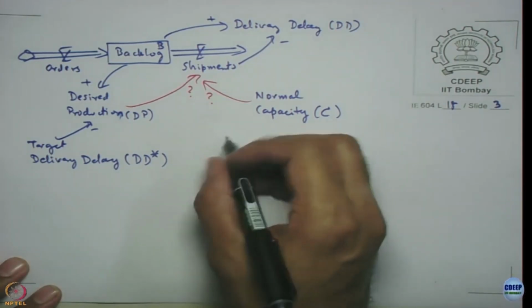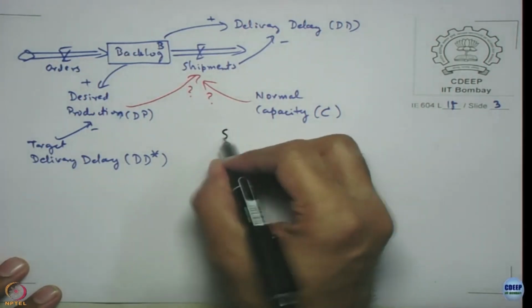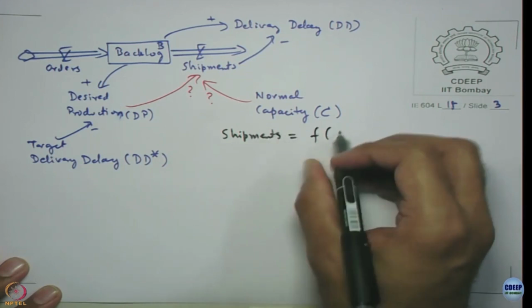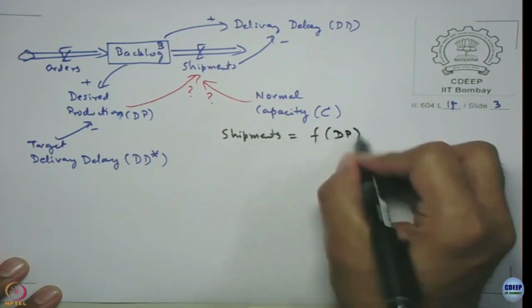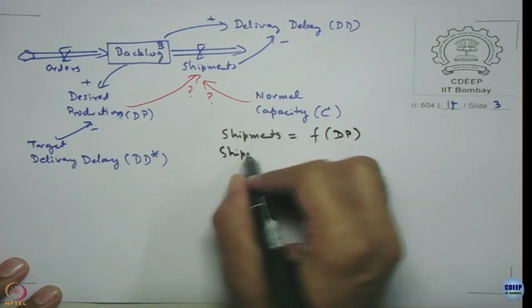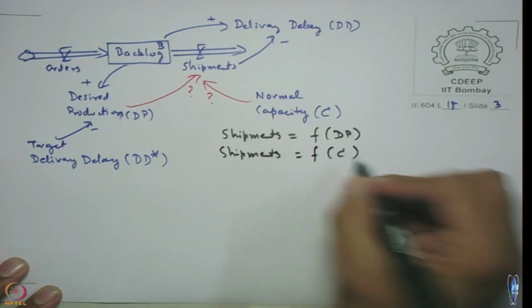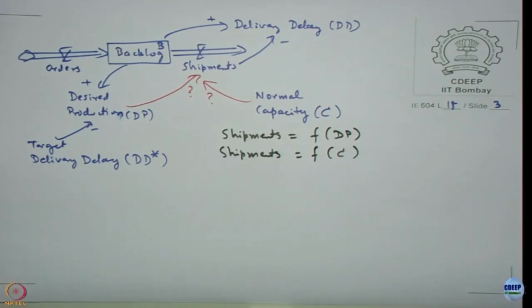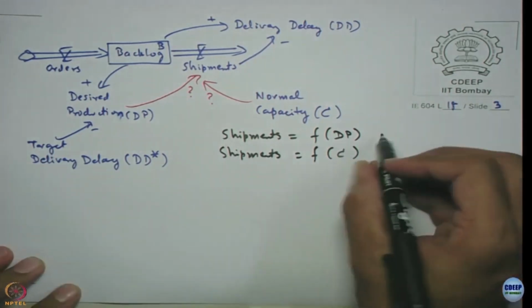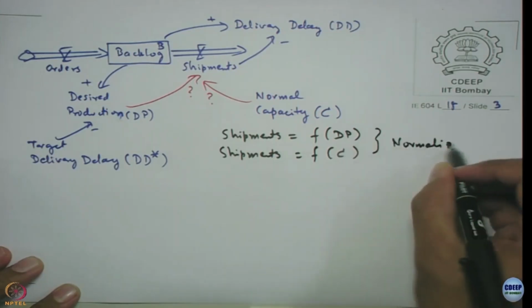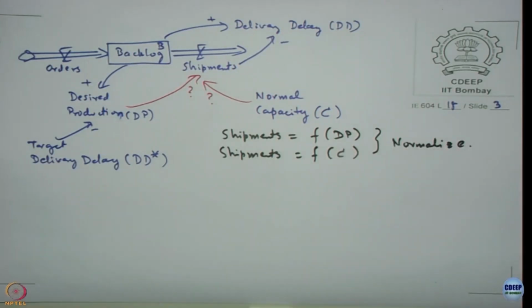This is what we want to normalize. Shipments is a function of desired production, and shipments is a function of capacity. Let us see how we go about this normalization.